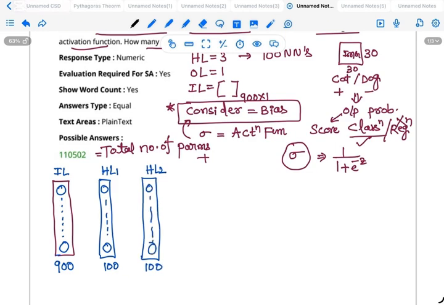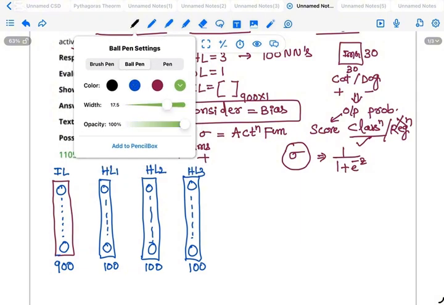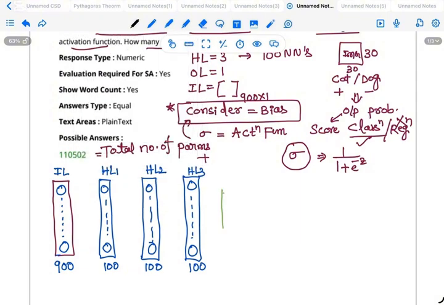Each neuron is represented with a circle. HL3 has the same 100 neurons. And the output layer contains only 2 classes, so there are 2 neurons in this output layer.